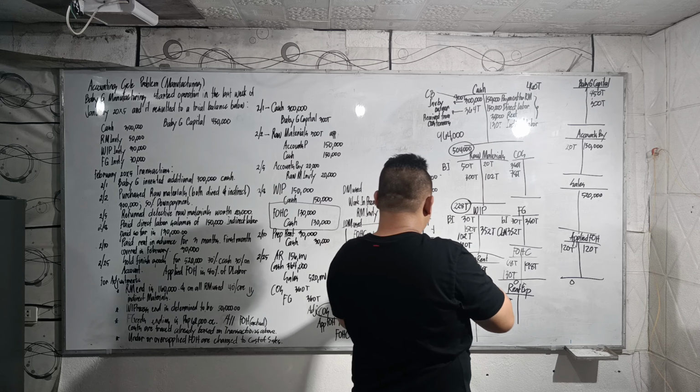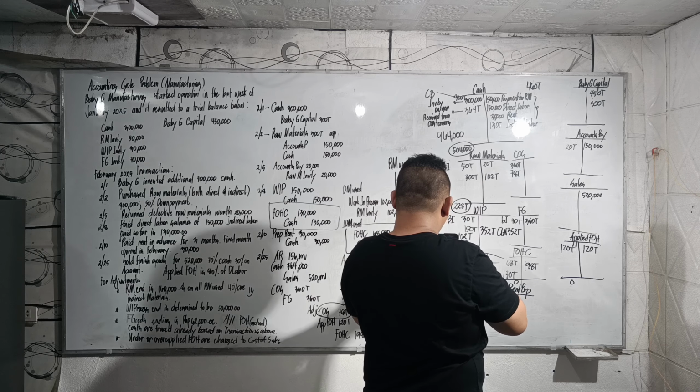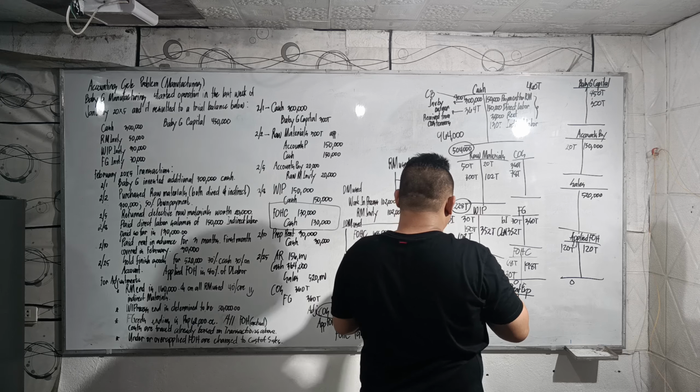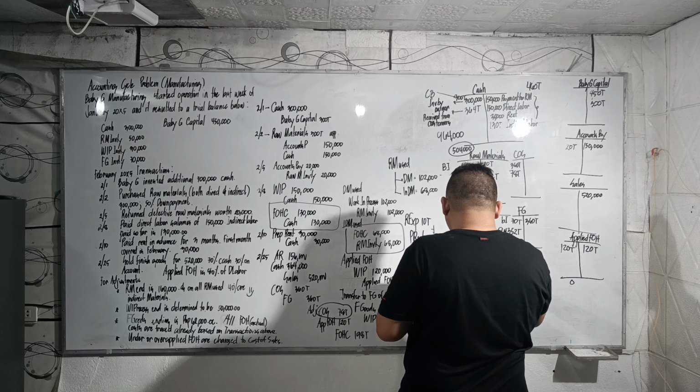And the work in process, you have 30,000 plus 150,000 plus 102,000 plus 120,000 minus 352,000. So the work in process ending is 50,000.